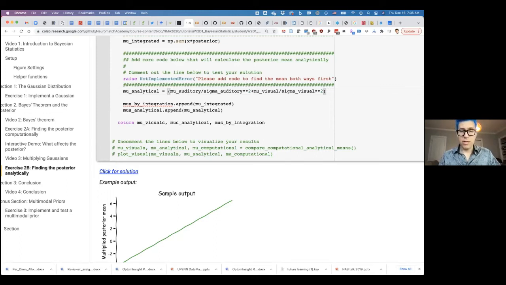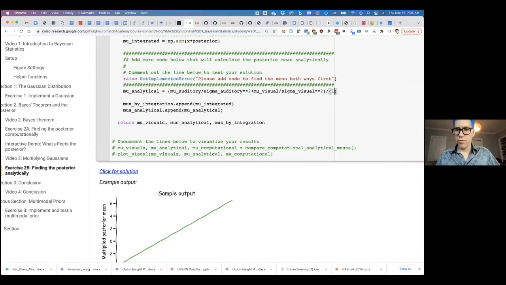Now we need to divide that by the sum of the inverse squared standard deviations.